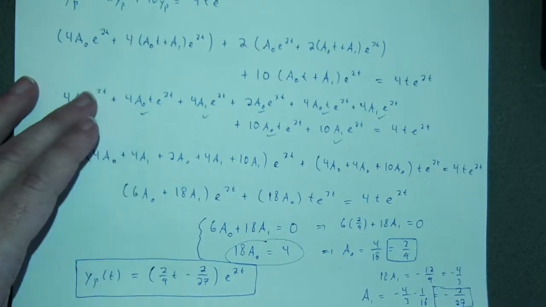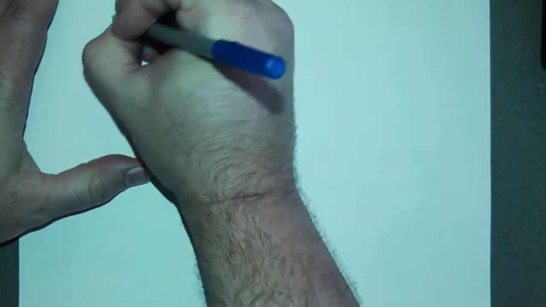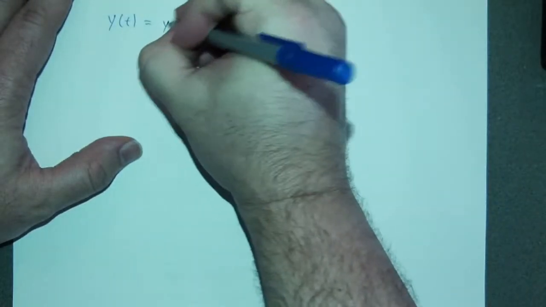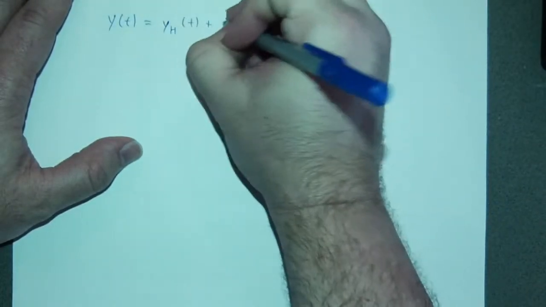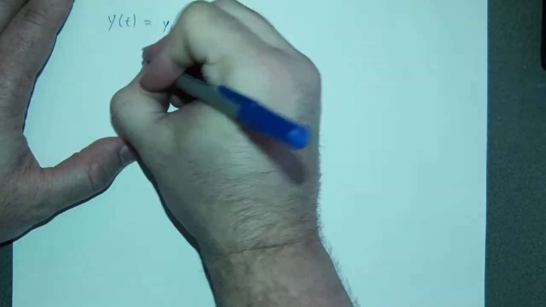And thus, to answer that original question, the general solution is y of t, which is the homogeneous part plus the particular solution.